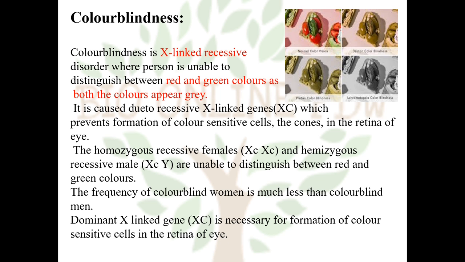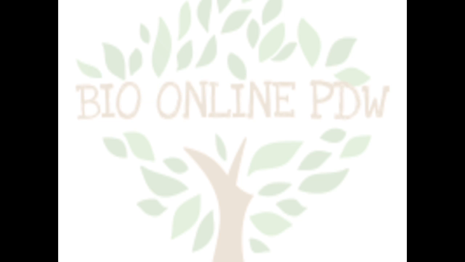The dominant X-linked gene represented by capital X, capital C is necessary for formation of color sensitive cone cells in the retina of the eye, which helps to distinguish between green and red colors.